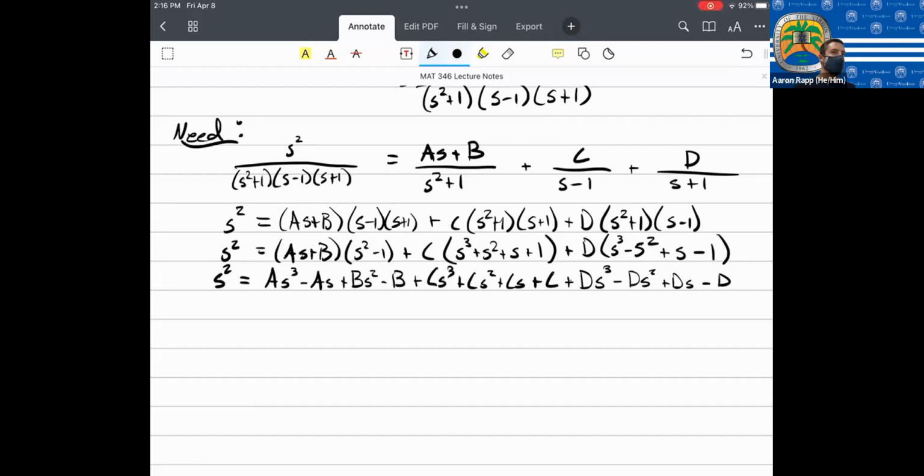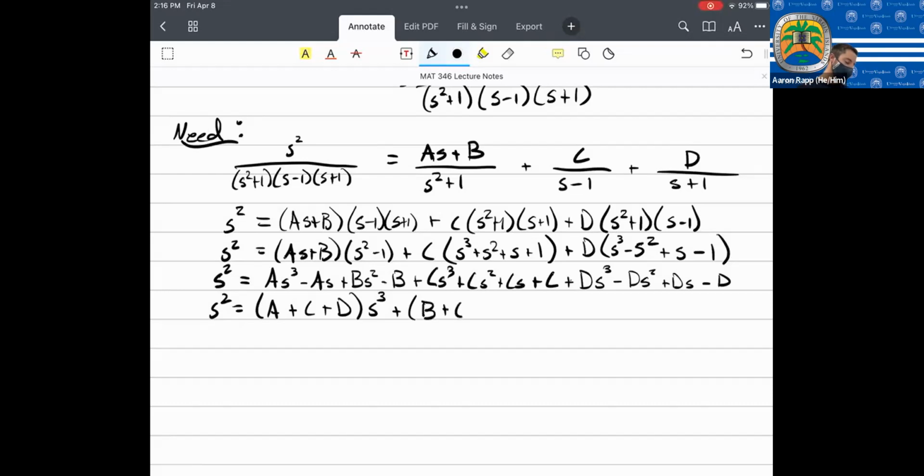And then I group together my s cubed terms, my s squared terms, my s terms, and my constant terms. So if I factor out s cubed, well, what terms have an s cubed to them? A, C, and D. I'm going to factor out an s squared. What terms have an s squared?